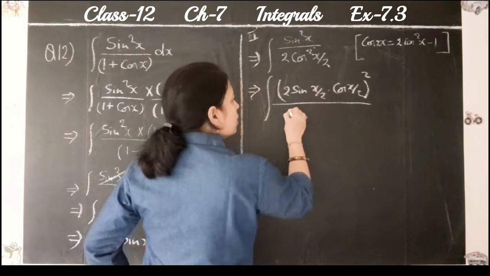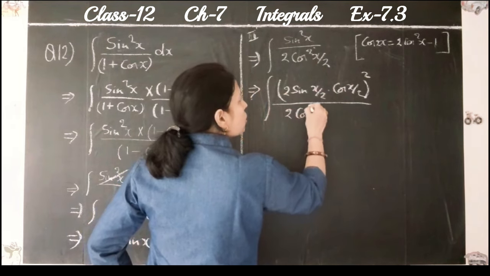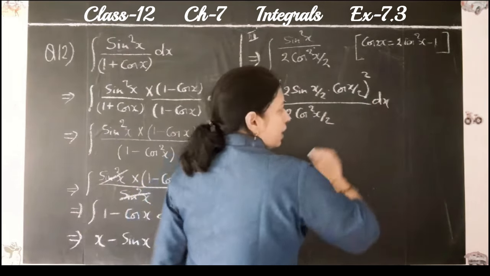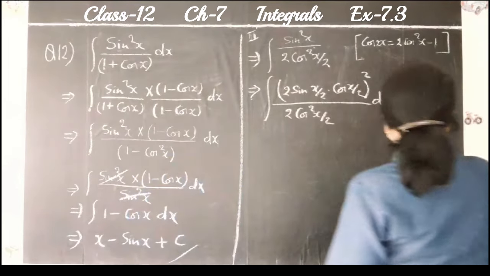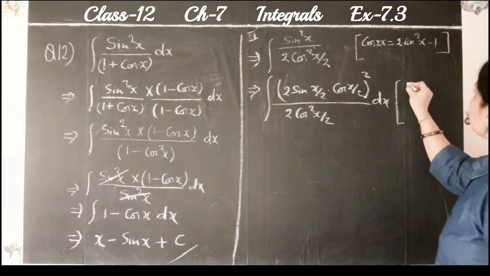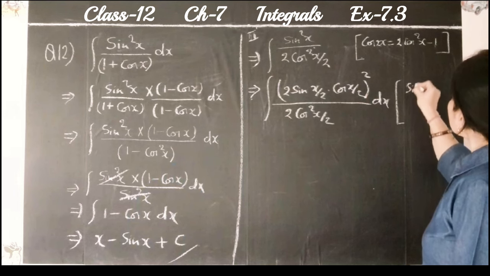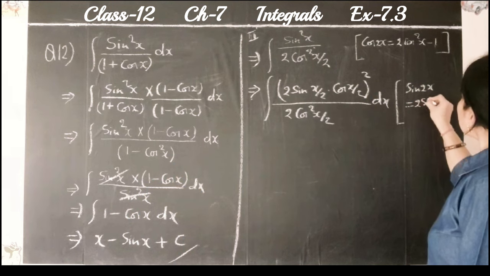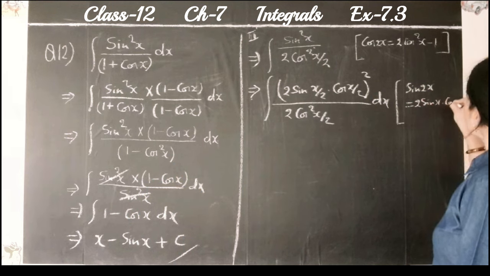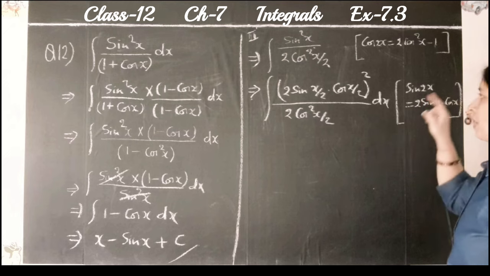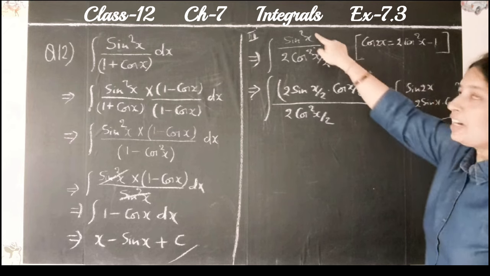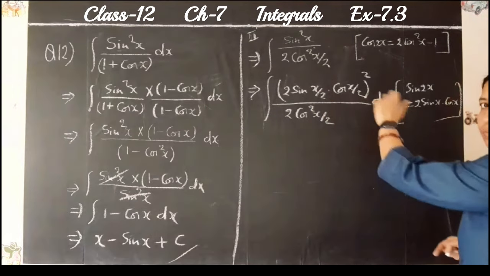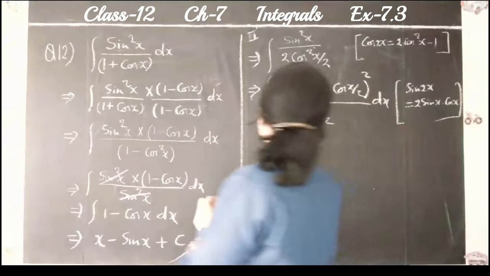Then write this one, 2 cos square x by 2, dx. And write which trigonometric identity we have used here. Here we have used sin 2x is equal to 2 sin x into cos x. In place of 2x, here it is given x, so we have to write x by 2 into x by 2.